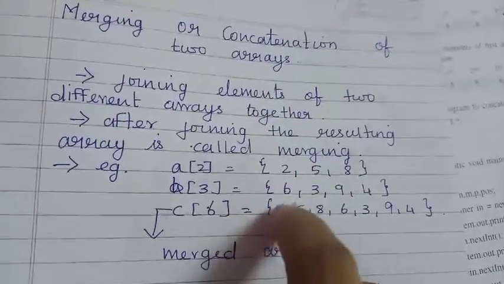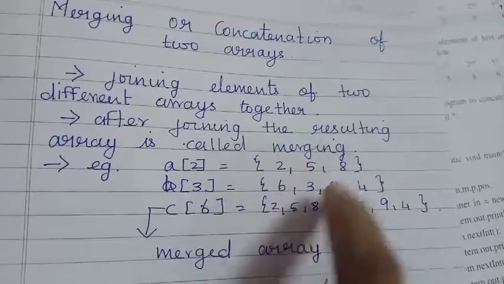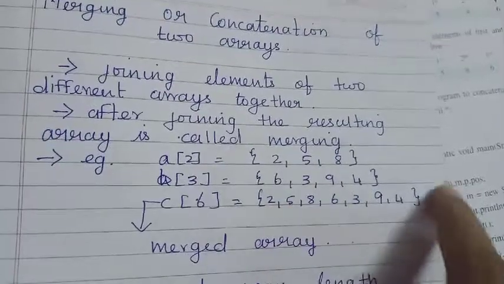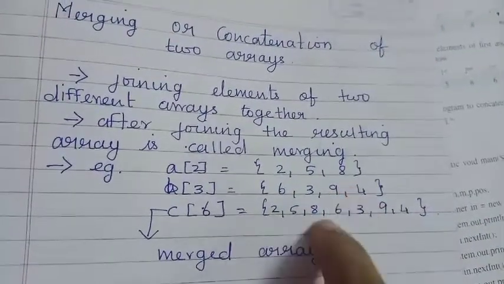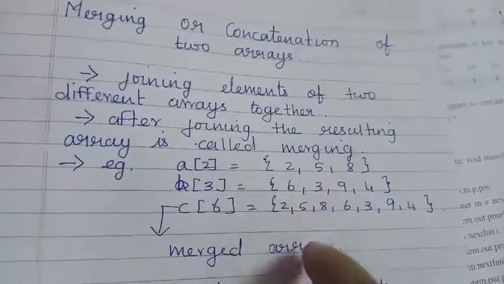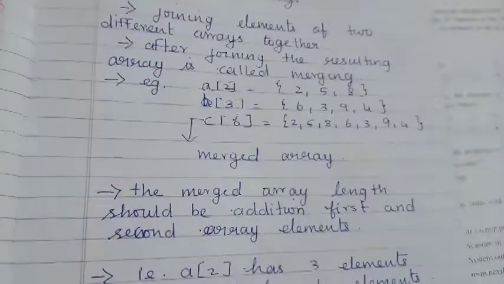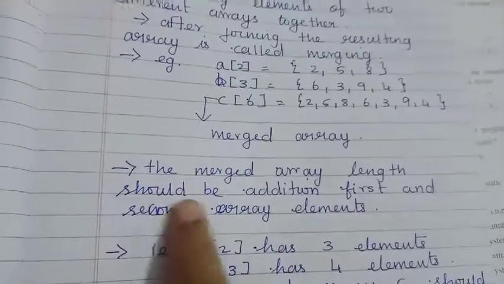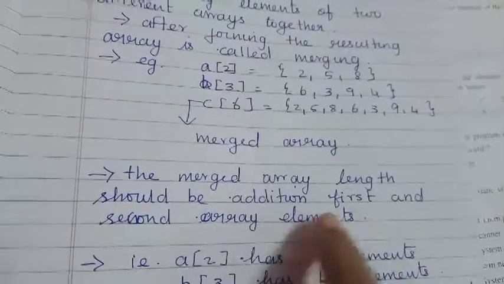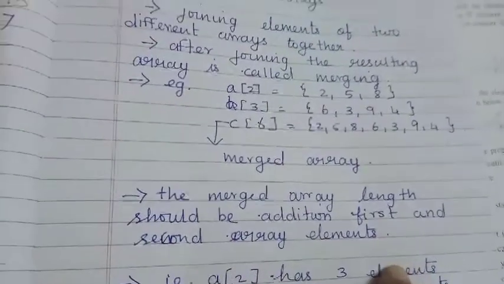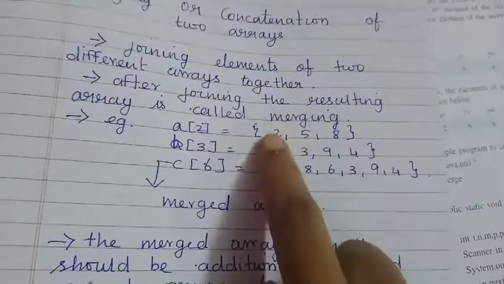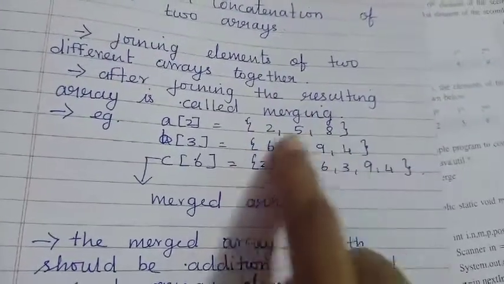This is called merging, that is joining: C is 2 5 8 6 3 9 4. So all the elements you have joined here form your merged array, and this joining of arrays is called merging or concatenating. The merged array length should be the addition of the first and second array lengths. See here, in the first array you have 3 elements and in the second array you have 4 elements.